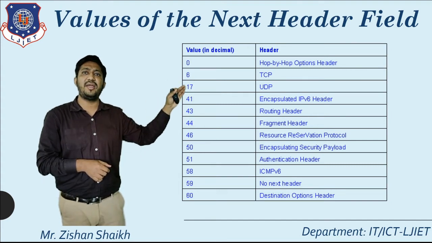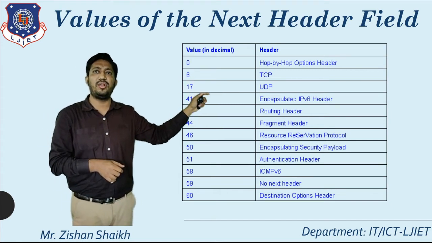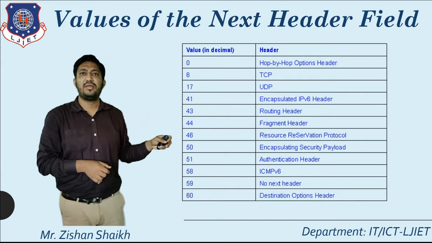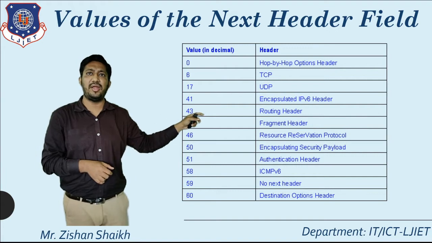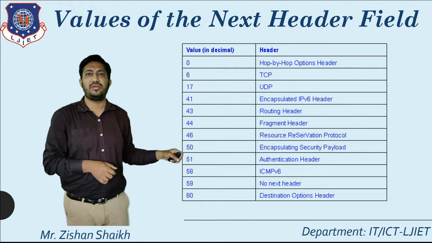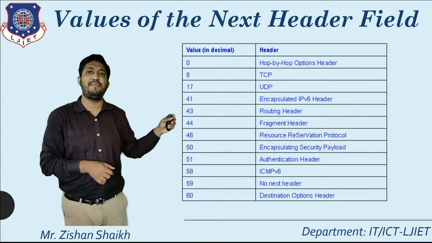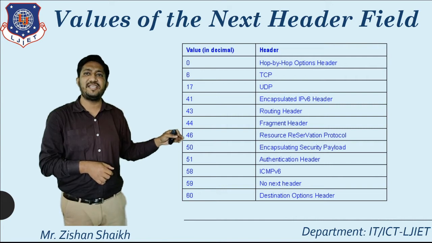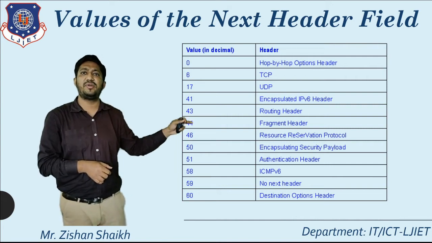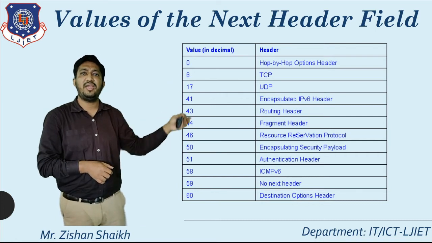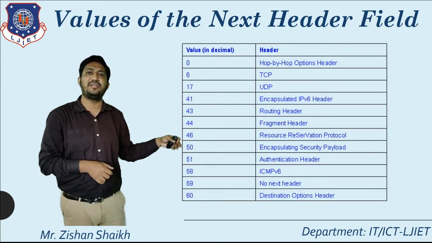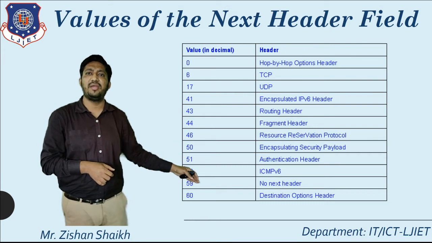If the upper layer is identifying the UDP protocol, then the number is 17. If the particular IPv6 header is containing the routing header, then our value is 43. The same way, if our IPv6 is containing ICMP version 6 instead of version 4, then it identifies the number 58. And if we are not extending the routing information, then it will be 59.